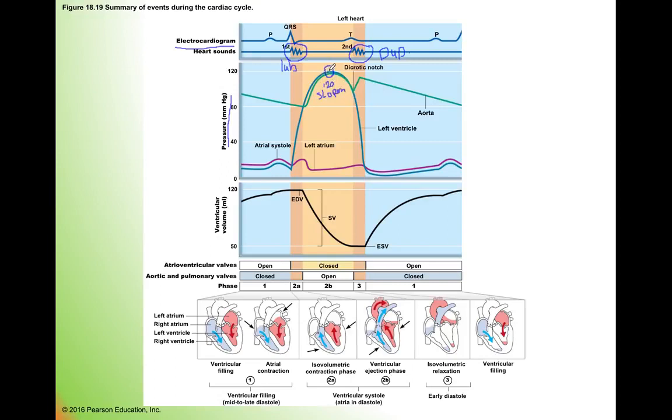Blood pushes out, and as blood is pushing out, what happens to the pressure in the ventricles? What happens to the ventricles after they contract? They start to relax, which means the pressure starts to go down. And then notice, as the pressure starts to go down, what are you going to do? Close up your semilunar valve, which happens somewhere right about here.